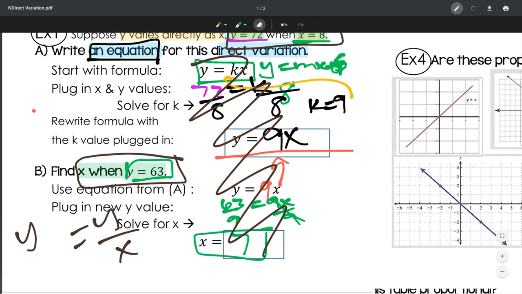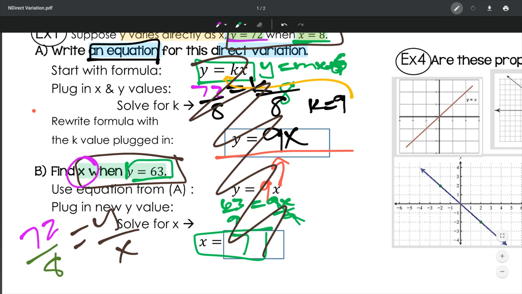And it said that our x was 8. And our y value was 72. Now we're going to use this problem right here where it says find x when y is 63. So let's replace that out.